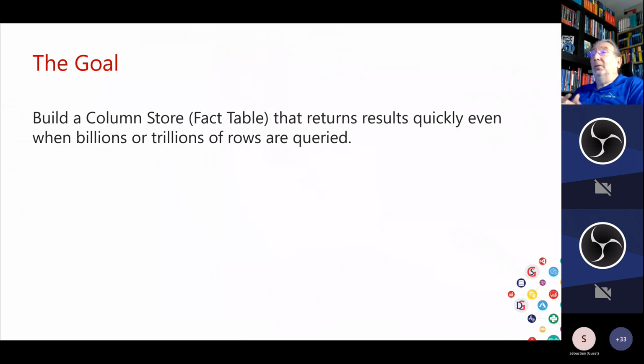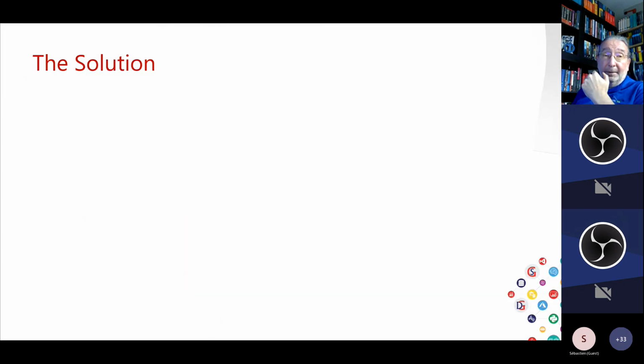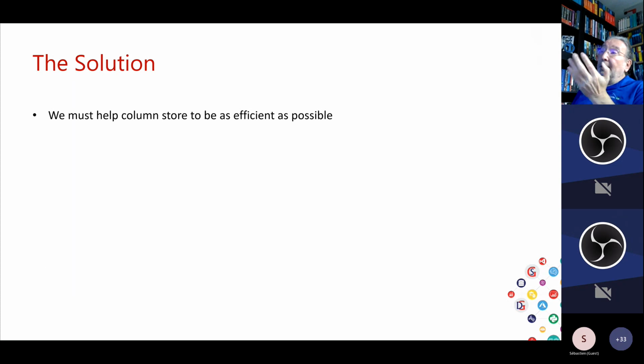So the goal for this session is we want to build a column store fact table that returns results quickly, even if we have billions or trillions of rows. So how can we make the size not matter? Let's see why this is the problem. So the solution is we have to help column store.